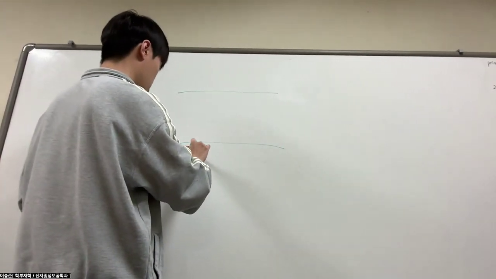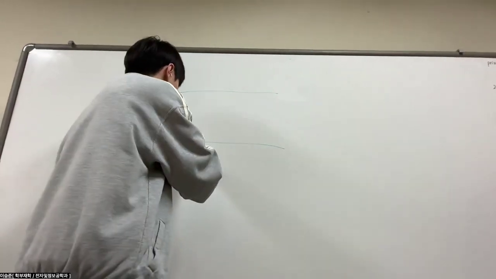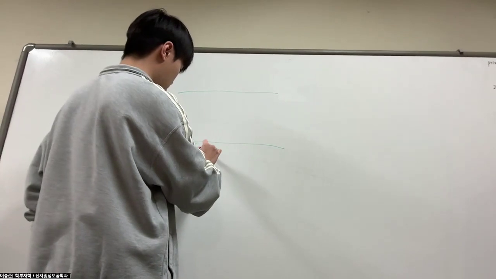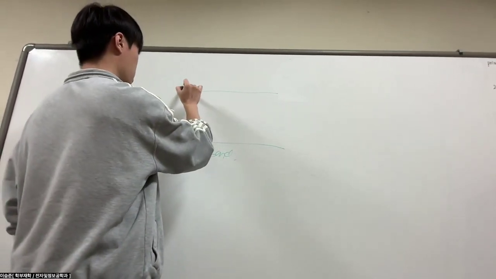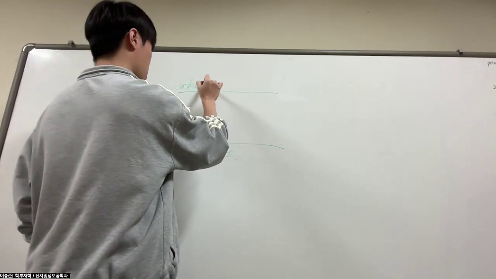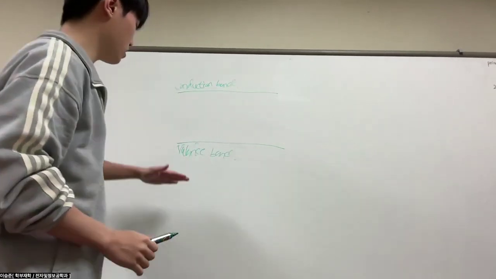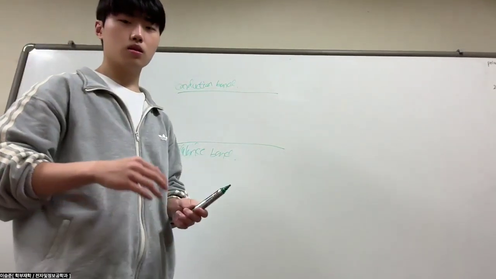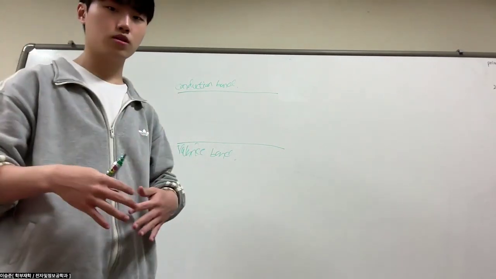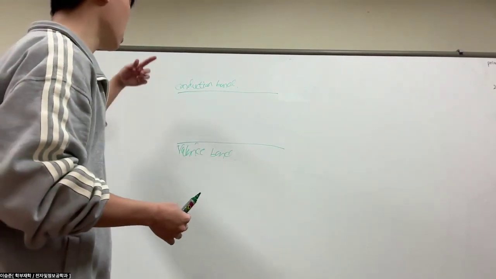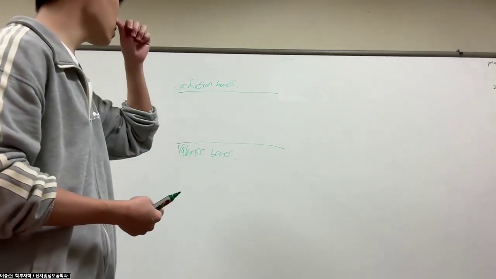This part is the conduction band, and this part is the valence band. At 0 Kelvin, all of the electrons are in the valence band, and none of the electrons are in the conduction band.